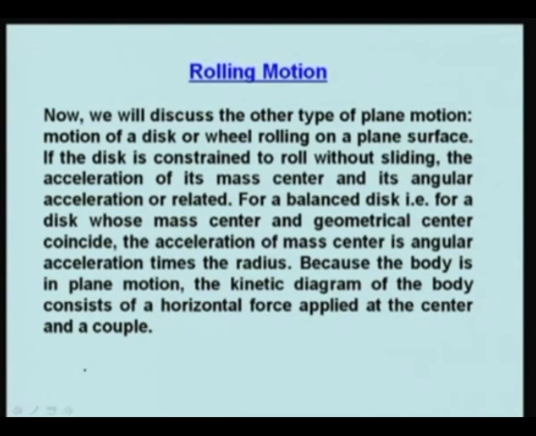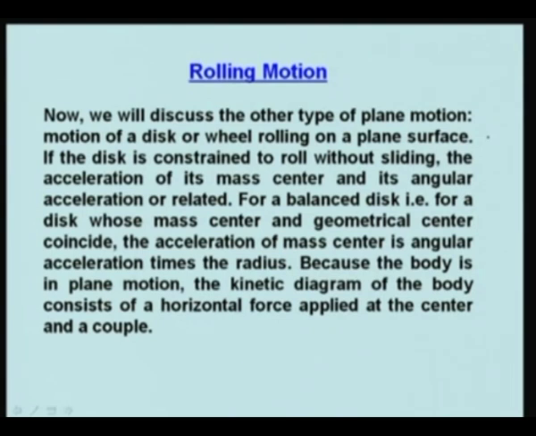If the disc is constrained to roll without sliding, the acceleration of its mass center and its angular acceleration are related. In pure rolling motion, the acceleration of the mass center and the angular acceleration will be related. But if there is some slippage taking place, then there is no relation.